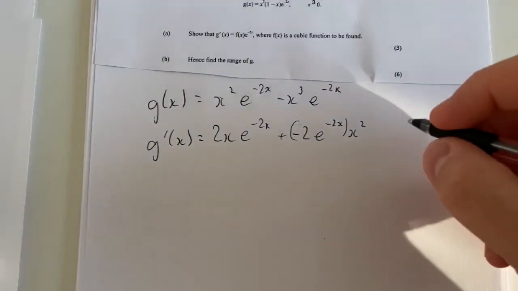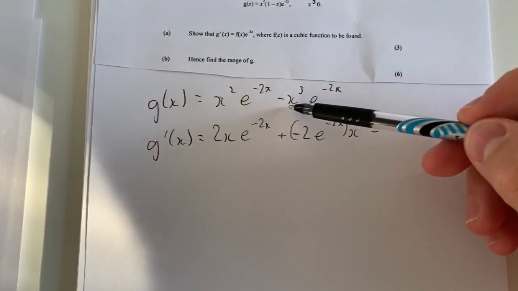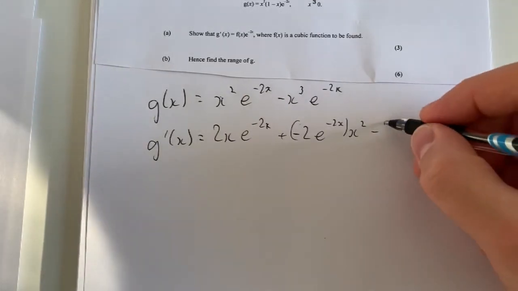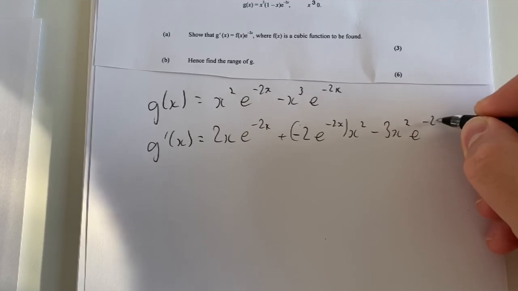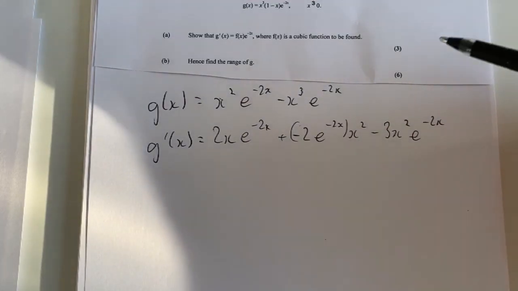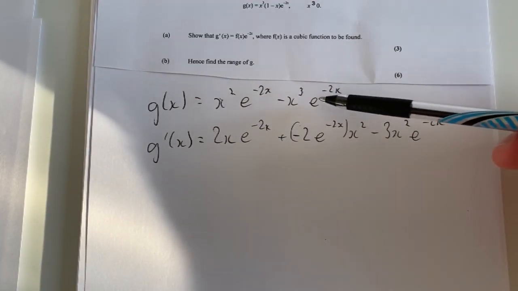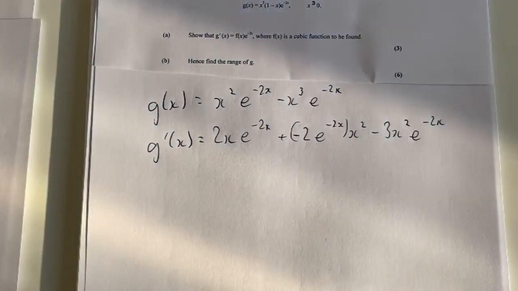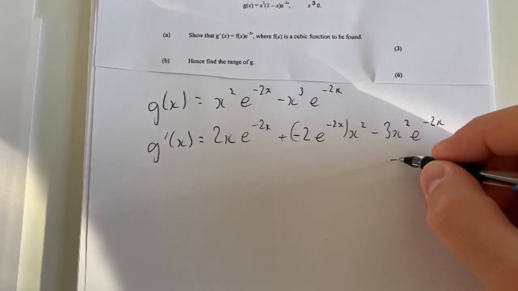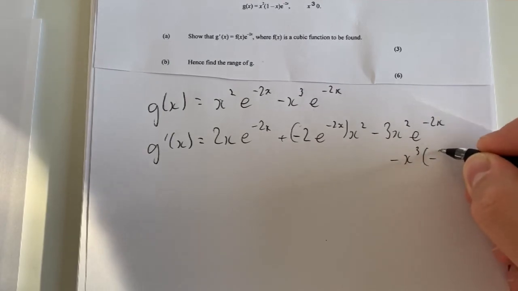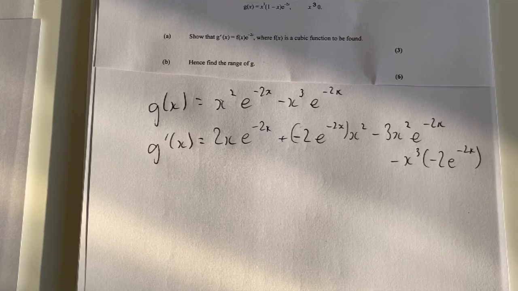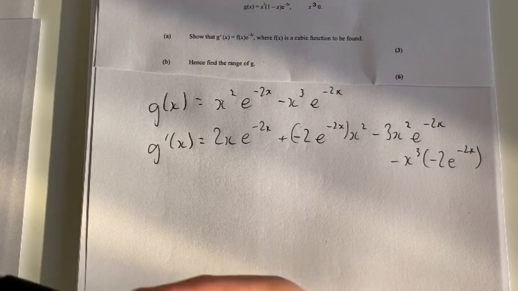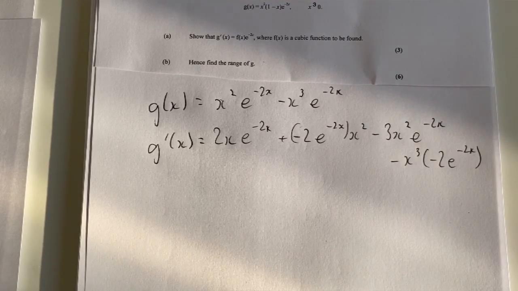If we differentiate the second term, so firstly, let's take the differential of the x cubed to get minus 3x squared e to the minus 2x. And the other option is if we differentiate e to the minus 2x, which would get us minus x cubed times minus 2 e to the minus 2x. If you're unsure about the way I've done that, the best plan would be to write out the full steps where u is this, v is this, etc.